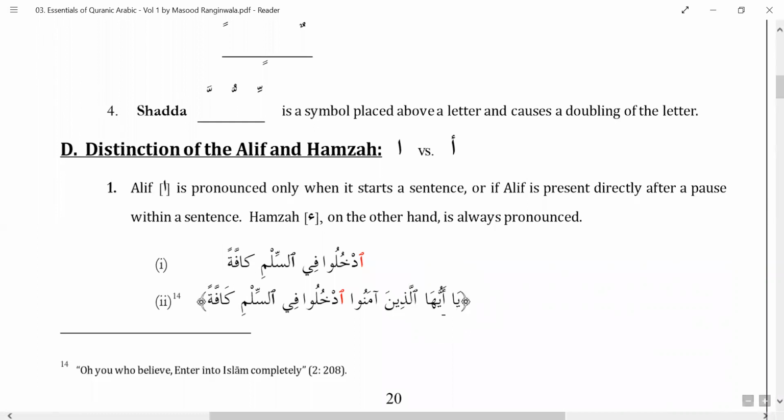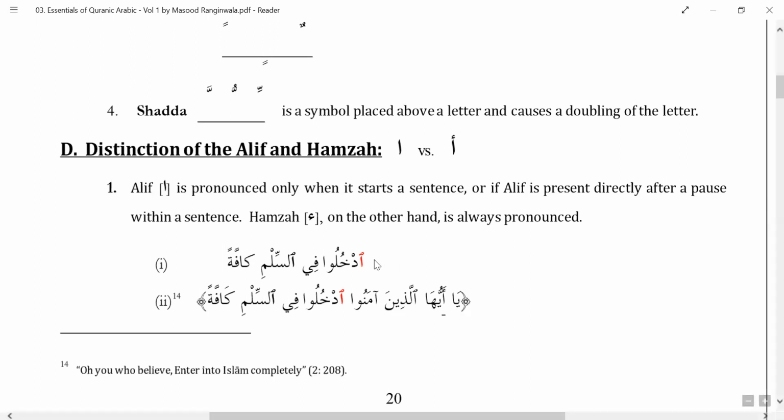Sometimes its chair can be a ya. But when ya is its chair, you will not have dots on the ya because it's not the letter ya anymore. It's alphabet hamza. So you have to recite a, u, e. It can even come on top of a waw. So all these three mad letters, alif, waw, and ya, can be the chair for hamza, or it will come alone on its own. All of those will be hamza.